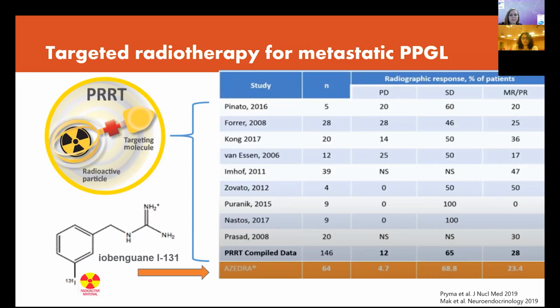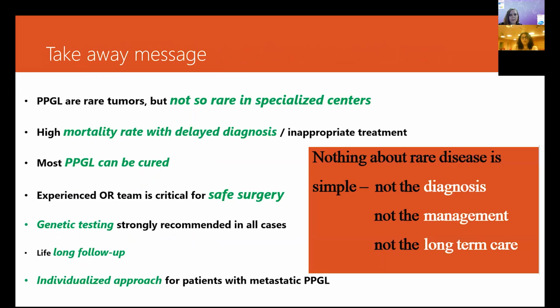And the recent study was also the phase 3 trial that showed the efficacy of Azedra in 64 patients and showed quite similar results as we saw with PRRT treatment. So we can use those treatments for metastatic PPGLs.